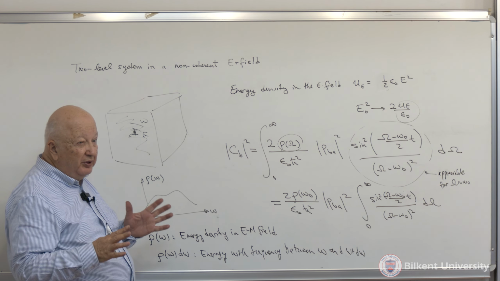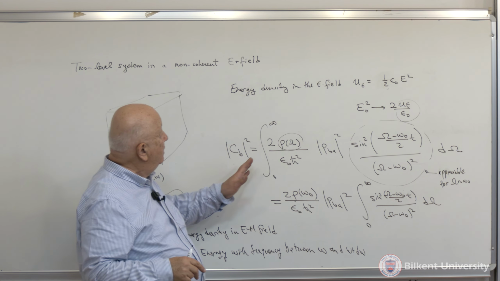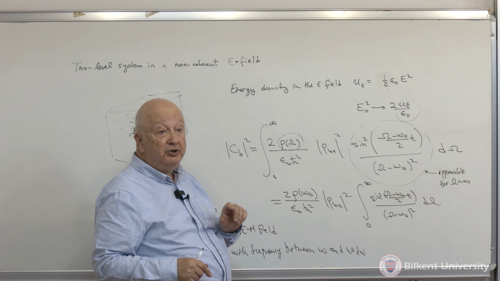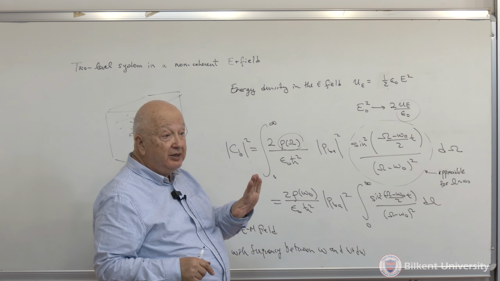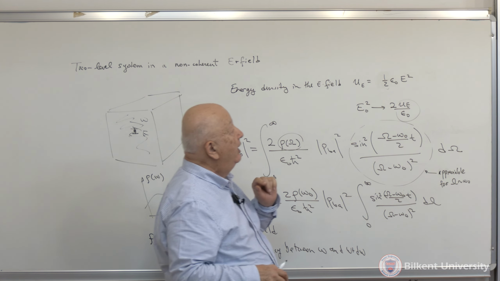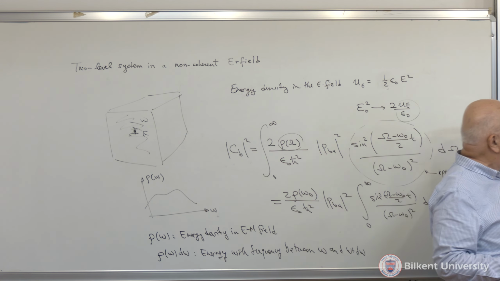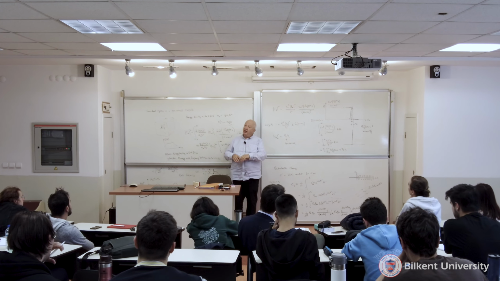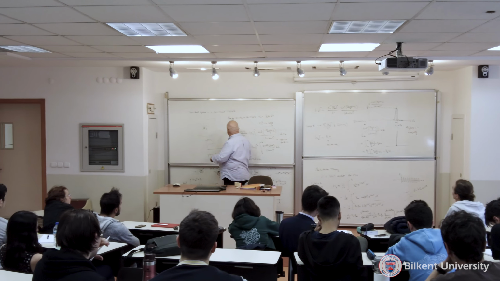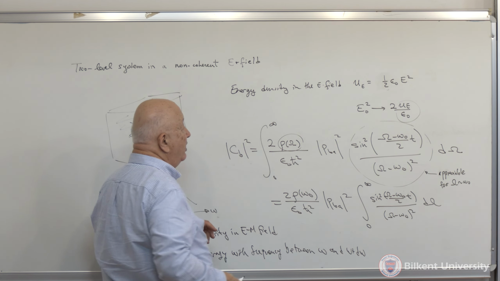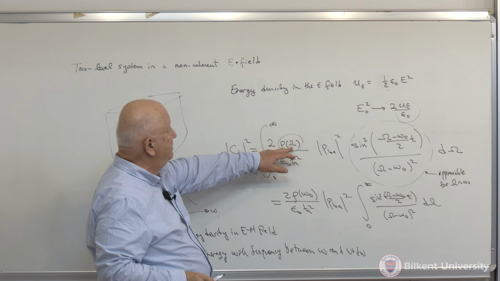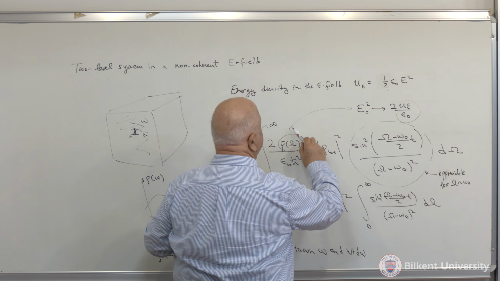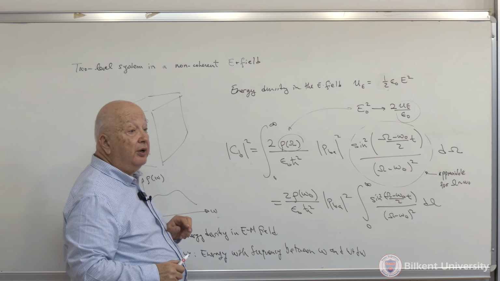Okay, so what did we do? Instead of using E0 squared, which corresponds to the energy density of a wave with a definite frequency omega, we have used an energy density rho of omega. So this is associated with the energy density in the system.